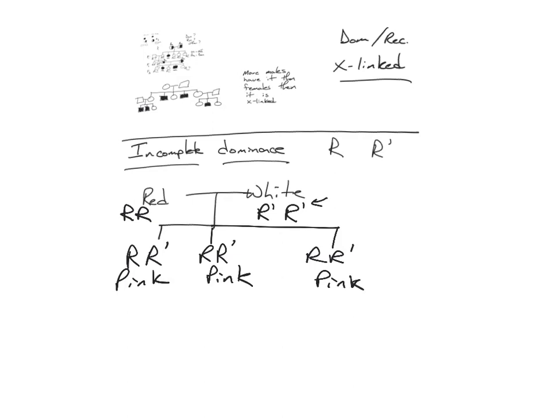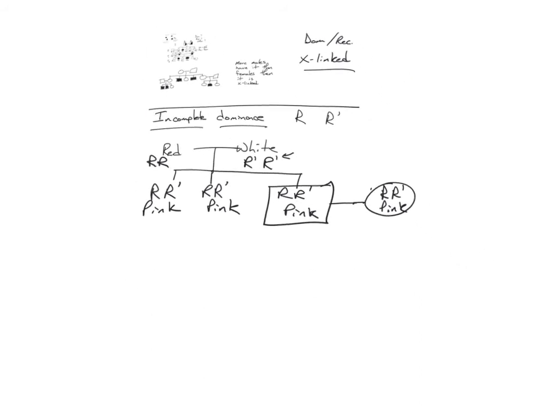Now what happens if this male then mates with another pink female? What kinds of different offspring could you get? You could end up with someone who has a big R and a big R, right? Because you can give two big R's, which would make it what?